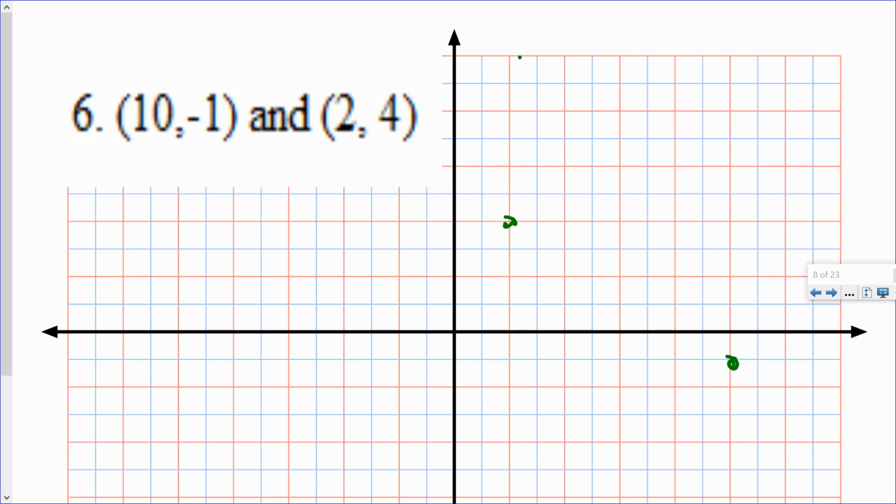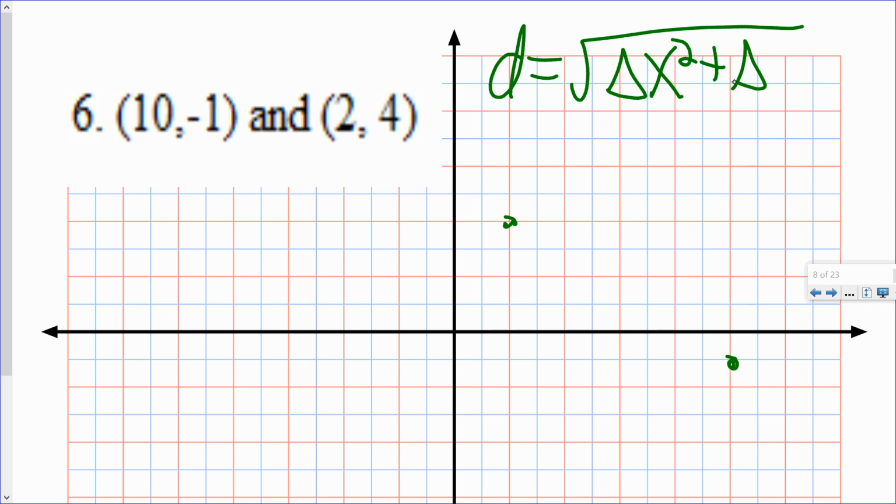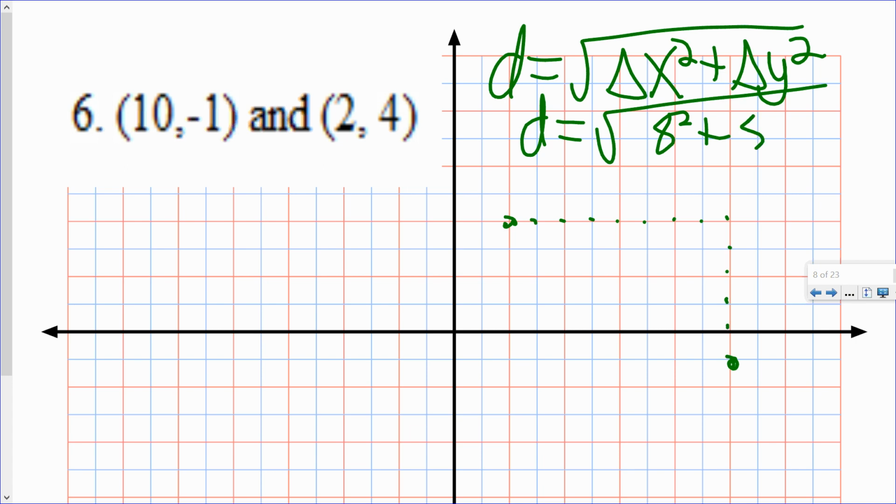To find the distance between 2 points, or the length of a line segment, it's radical delta x squared plus delta y squared. We do have a song for this, but I'm going to wait until we put all the formulas together. Delta x is 1, 2, 3, 4, 5, 6, 7, 8. Delta y is 1, 2, 3, 4, 5.